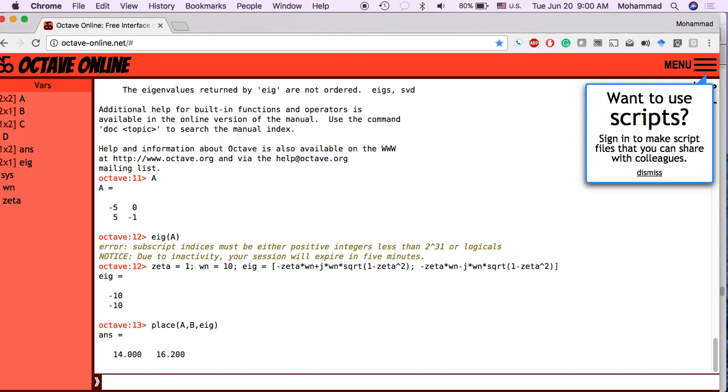Okay, so you can change the location of the poles or eigenvalues anywhere on the complex plane and simulate and see the response.